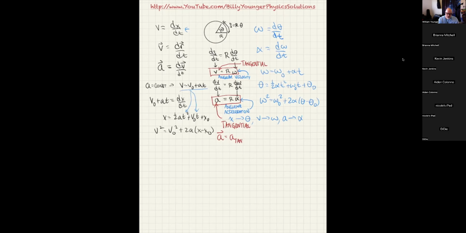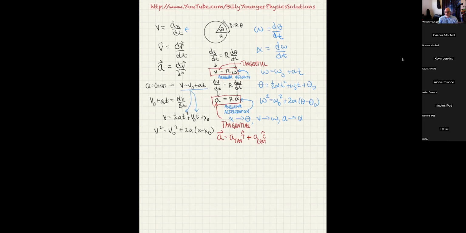Let me use capital T hat, plus then we'll have a centripetal acceleration, a centripetal, and that one will be towards the center, which I'll call C hat. Okay. And remember that little hat symbol just means, hey, this is going to be a unit vector. In this case, I called it C because it points towards the center of the circle.